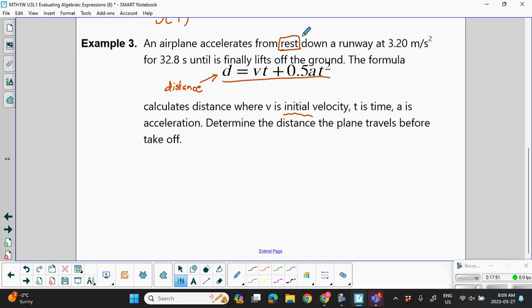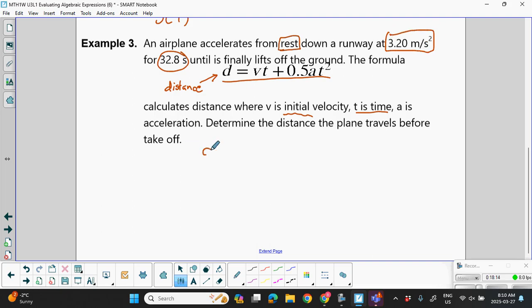I'm starting at 0. We also have t is time. That makes sense. And in this question, it's 32.8. And we also have a, which is acceleration. And they tell us what the acceleration is.